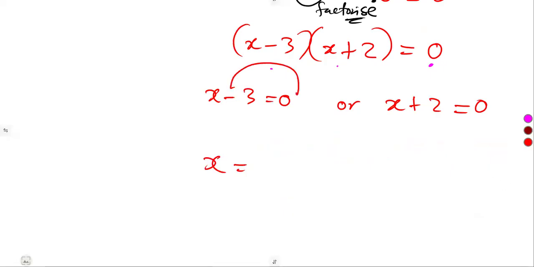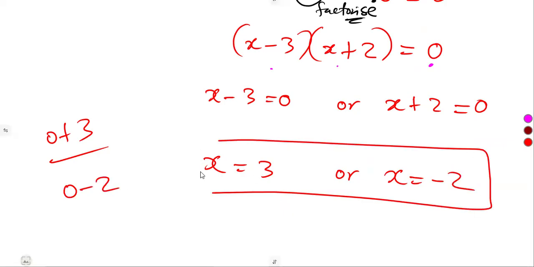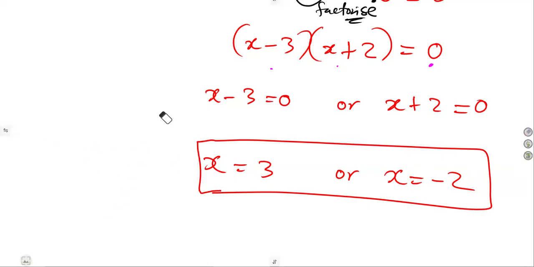Minus 3 to the other side becomes a positive, so x is equal to 3. Or x is equal to minus 2. These are the possible values of x. We are going to have 2 values of x from what we are given.